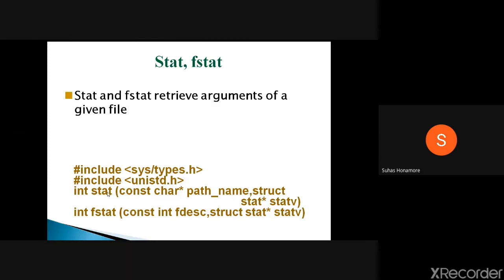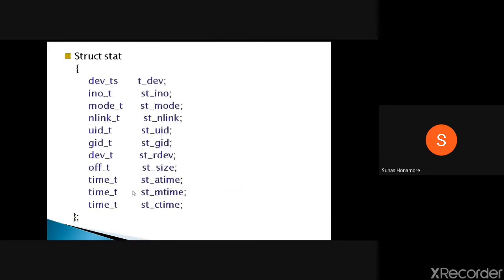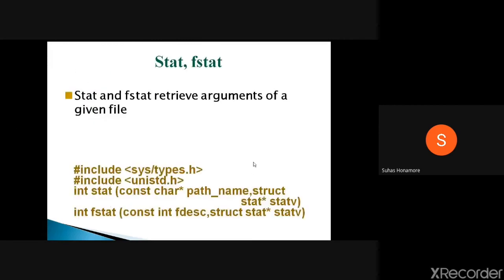If you remember, we already studied that there is a structure called stat, which has all the 11 attributes of a file: how many links there are, the permissions, the file type such as device file or character file, the access time, the modified time, the file size, and so on. That structure information you can retrieve.